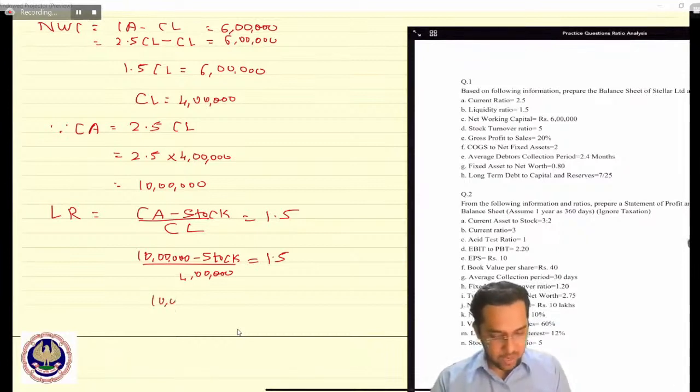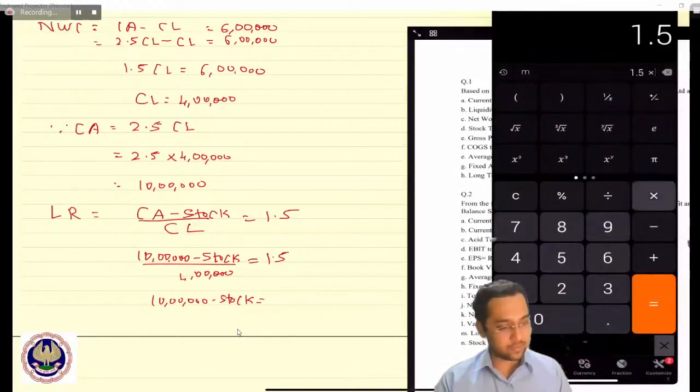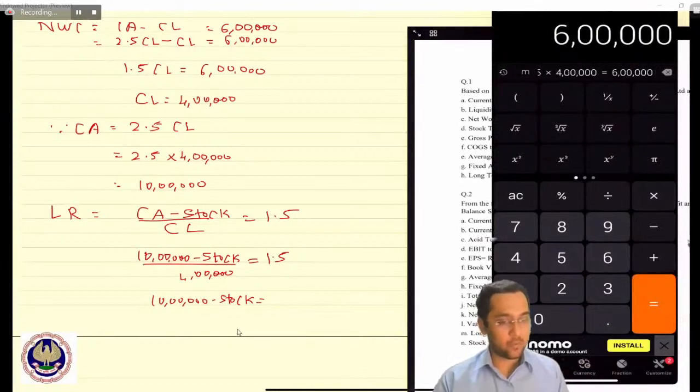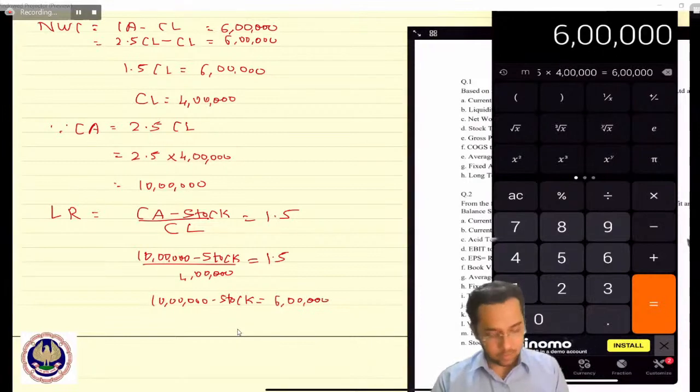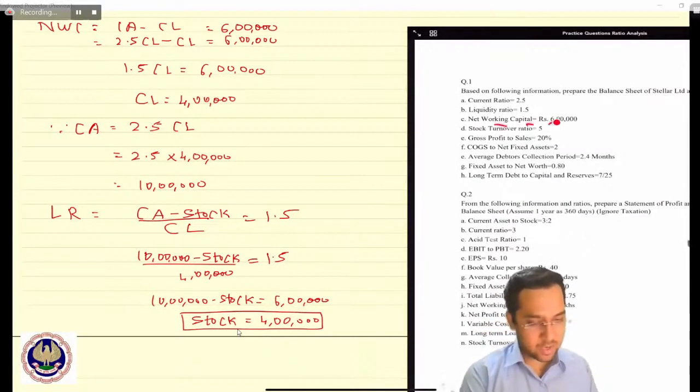So that is simply 10 lakh minus stock is 1.5 times of 4 lakh, which is 6 lakh. Rearrange it and you can get stock as 4 lakh.